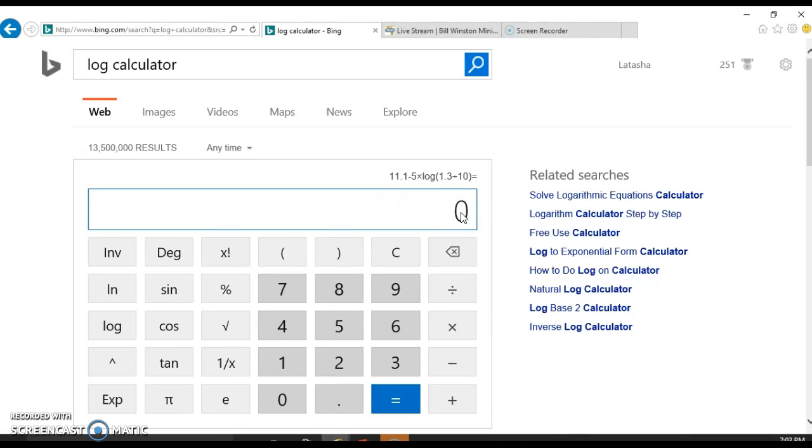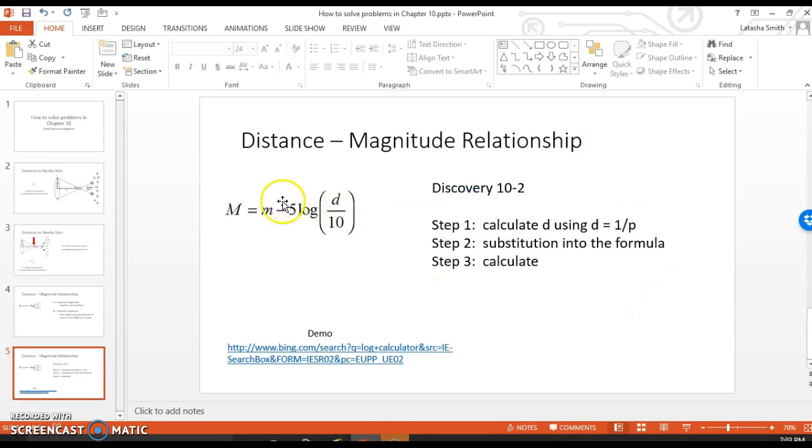That's the distance. That's what we need. Its apparent magnitude is m equals plus 11.1. So this number is plus 11.1, and this number is 1.3. Now we have everything else, and we can simply solve.